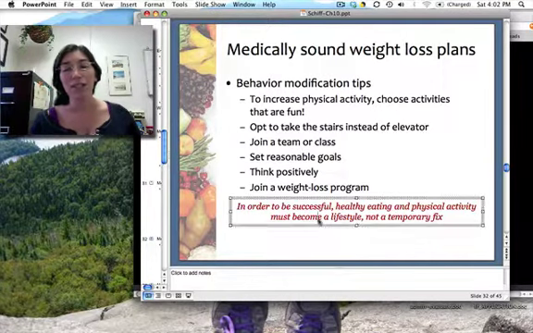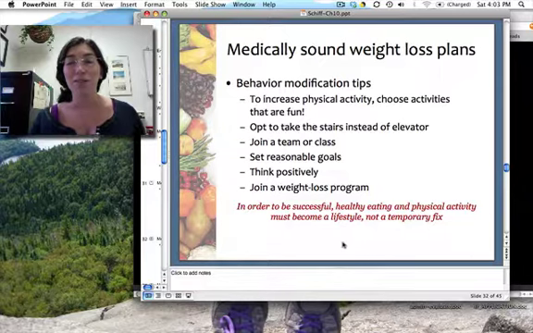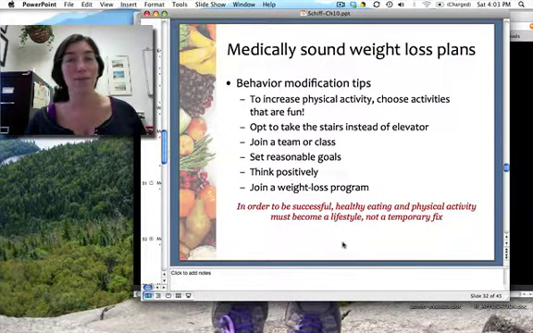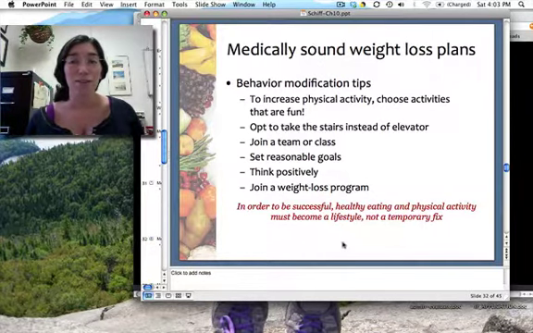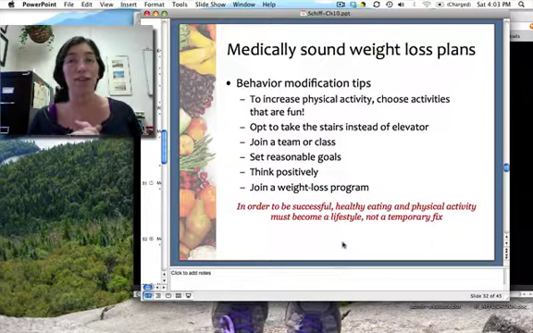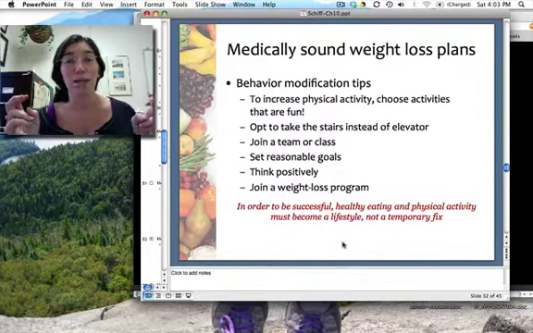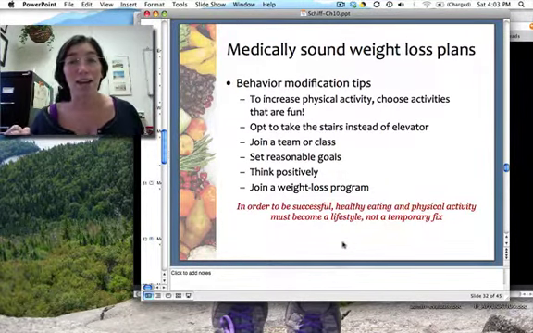So really, what I have in red print here is that when it comes to weight loss programs, it's important to incorporate calorie reduction, physical activity increase, and behavior modification, all of that together. But when we're talking about a weight loss plan, we're not talking about a diet per se.